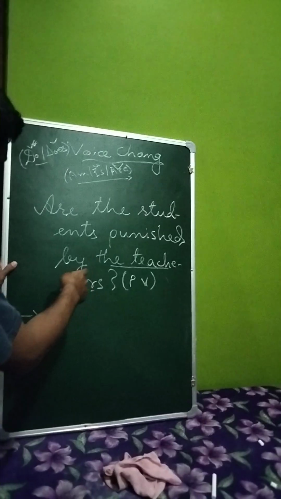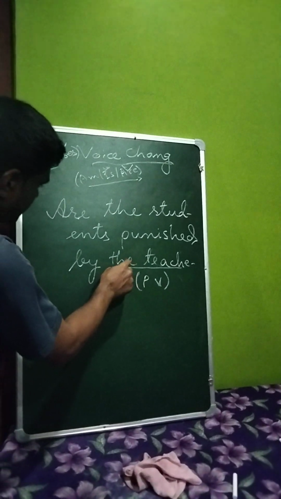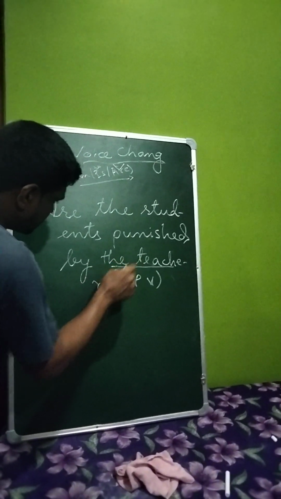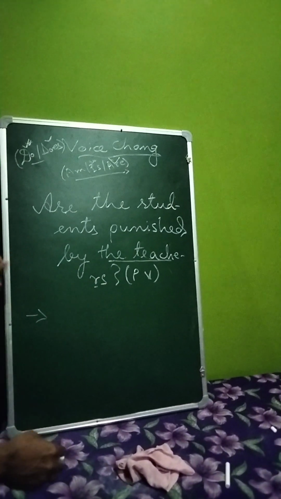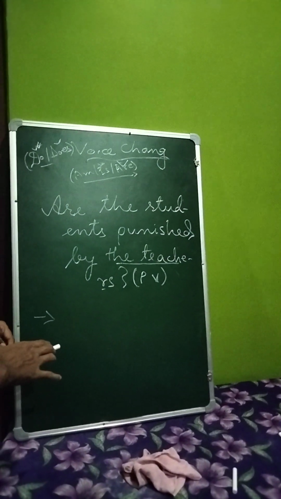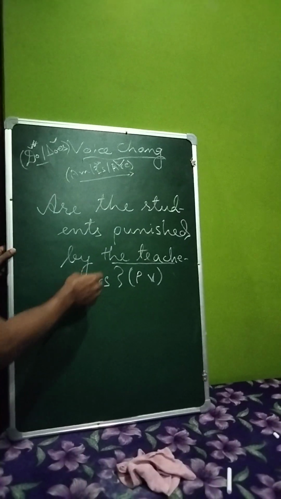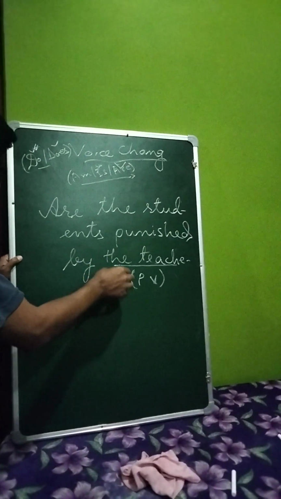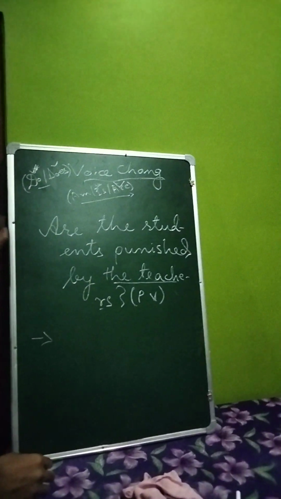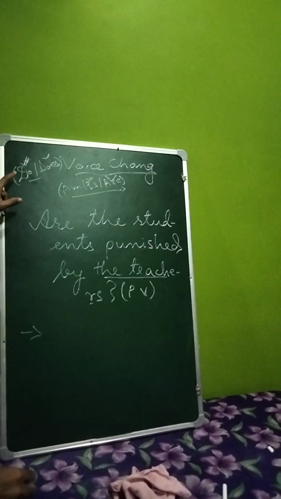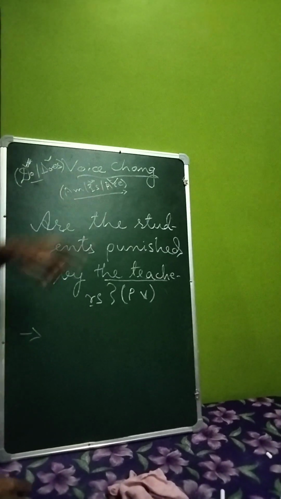You see, by the teachers. Yes, it's the object here, the teachers. Its number is plural and person is third. As the number is plural and person is third, the verb do will be used in the active voice. You have to remember, in the active voice do or does, and in the passive voice am, is, are.